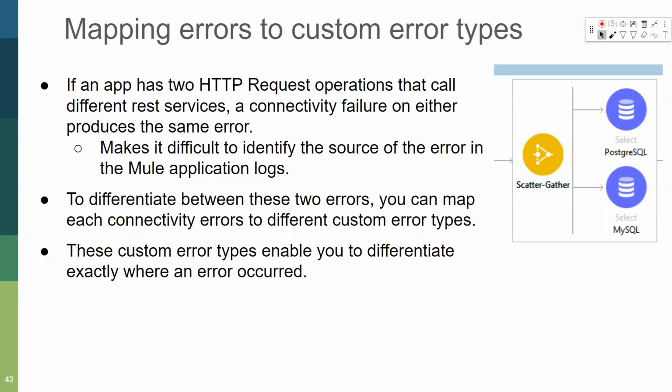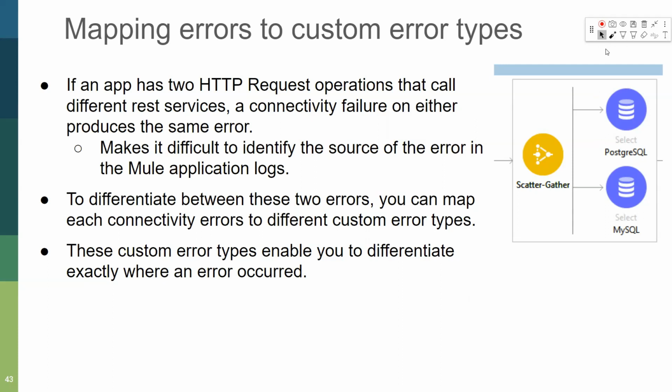If the error is an HTTP connectivity error, then both of them will give the same kind of error. So it is not possible to know which one of them failed from the logs, and we can customize them. One of them we can say genderize failed, customizing the HTTP connectivity error, and the other one we can make nationalize failed, and so on.